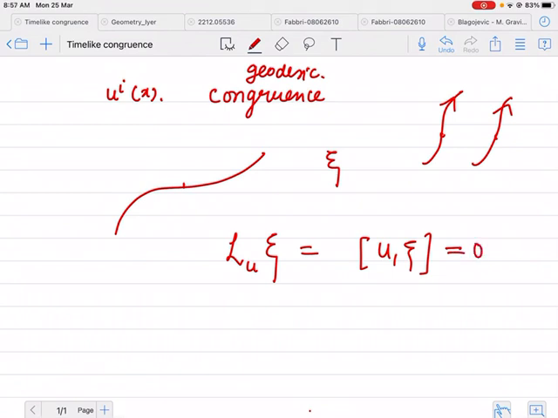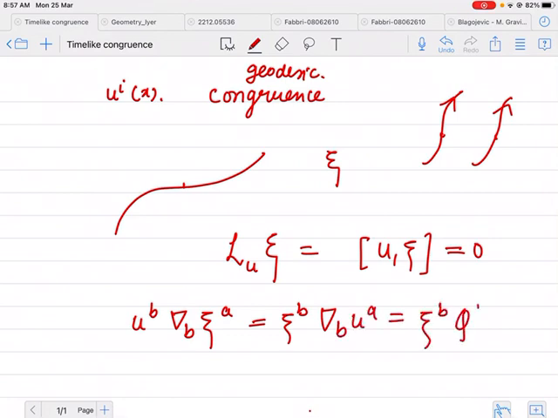And this implies that the Lie derivative of eta^A along u is equal to eta^B del_B u^A, which is equal to eta^B Q^A_B, where these indices A, B are Latin indices, taking the values 0, 1, 2, 3. So instead of Greek indices, we are using Latin indices for the space-time.